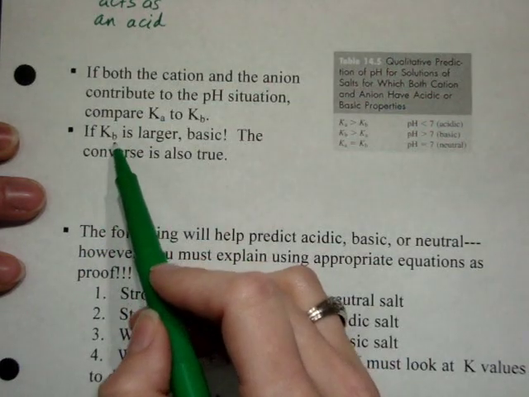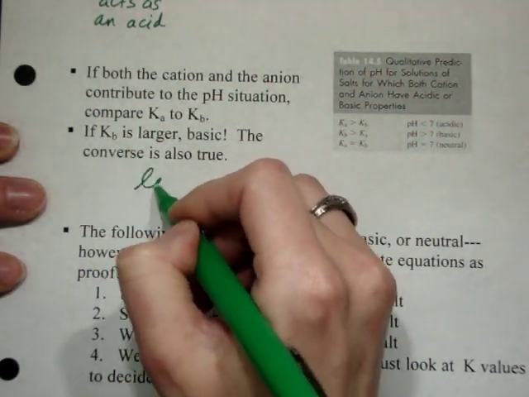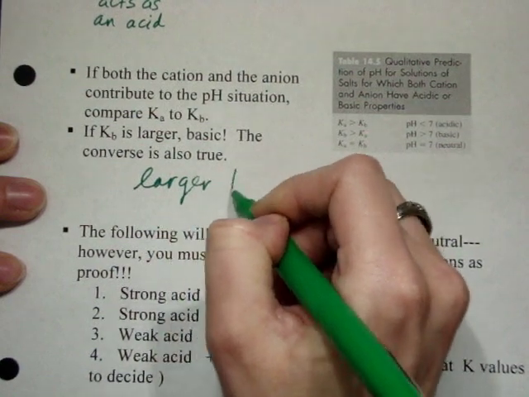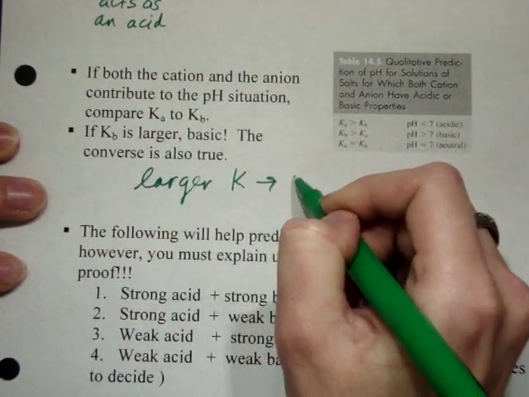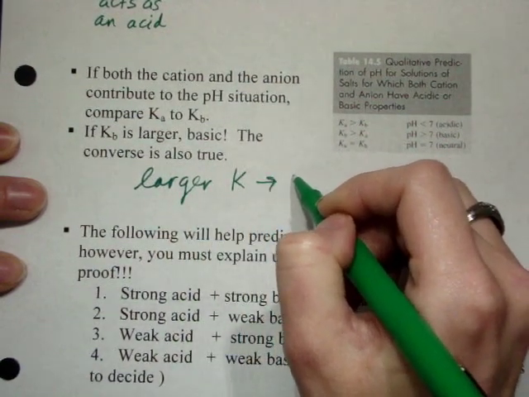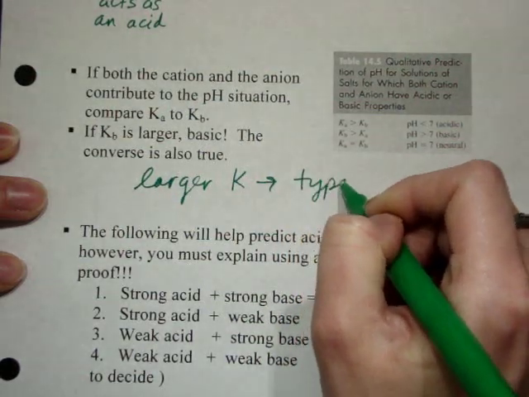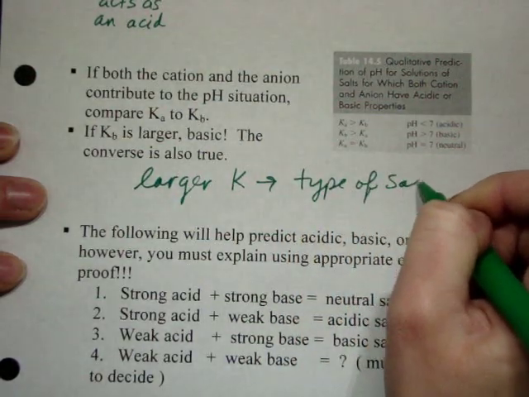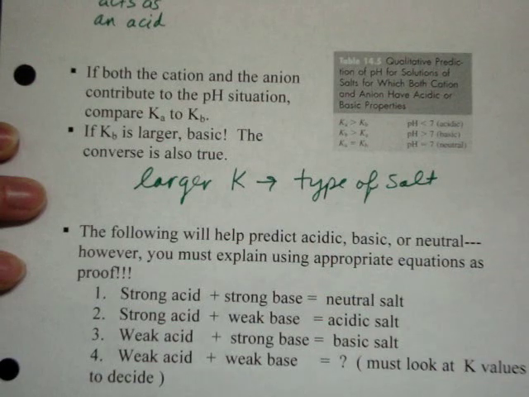Whichever has the larger K will be the type of salt it's going to be. So acidic salt or basic salt will be determined.